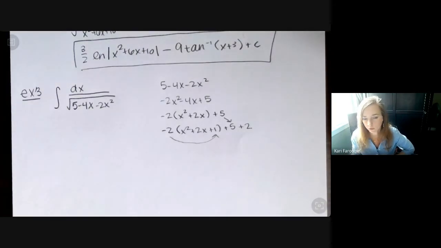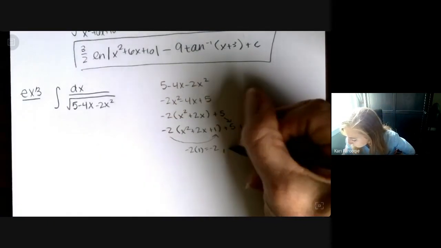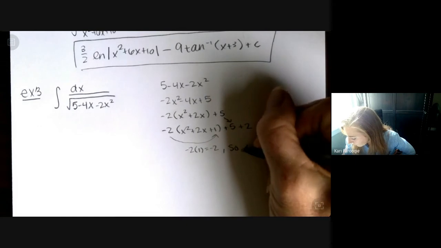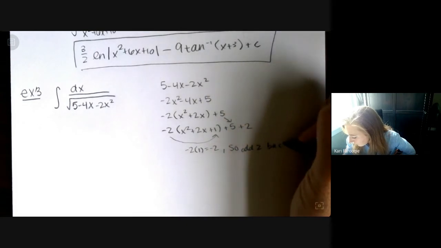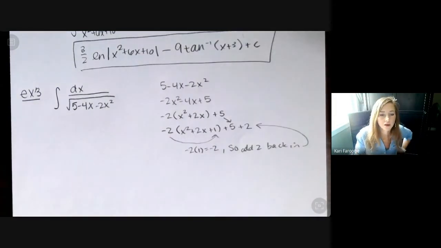I know, it seems weird. Negative 2 times 1 is negative 2. So add 2 back in. It's not necessarily hard. It's just you have to remember to do it. You've got to account for everything.